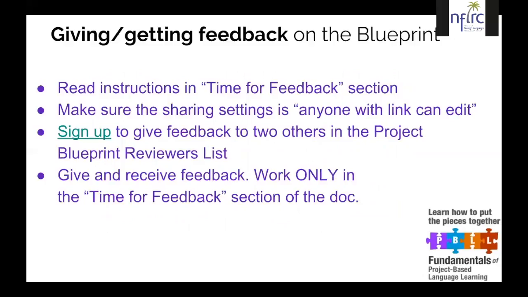But when you open other people's documents, for example, today I'm reviewing Ross and Steven's document, I have to make sure that I only work in the time for feedback section. Don't enter content in the wrong section. I don't want to mess up their career cluster or the 21st century skill section. So make sure you only work in the time for feedback section.